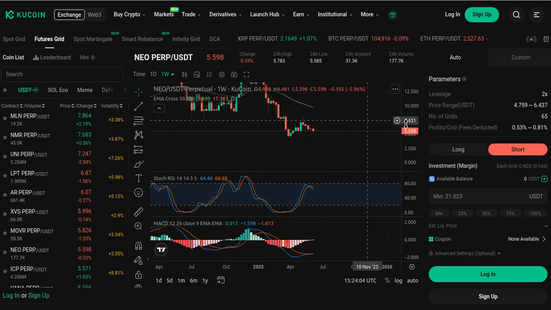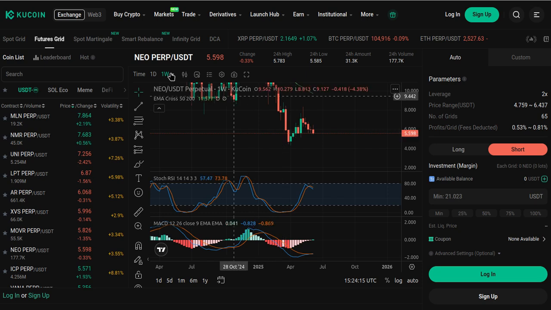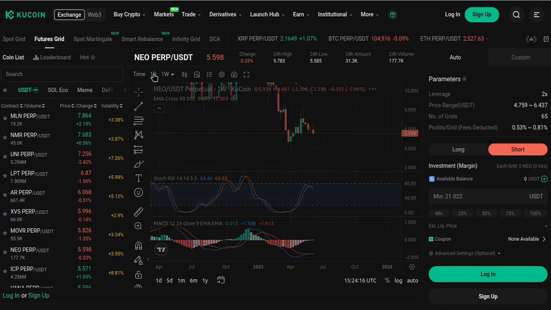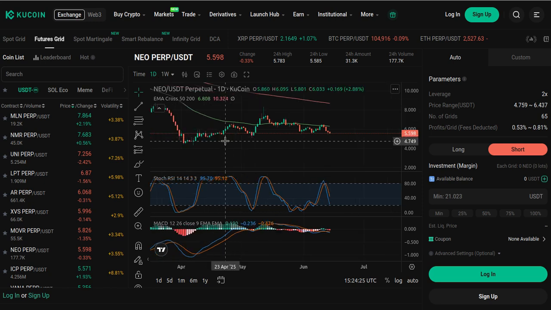Now, this one is interesting because it has a doji. Now, a doji in a reversal, a doji does count. Yeah, a doji definitely counts. So this is another one.